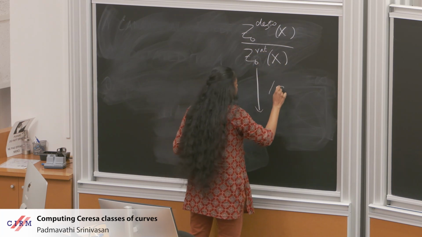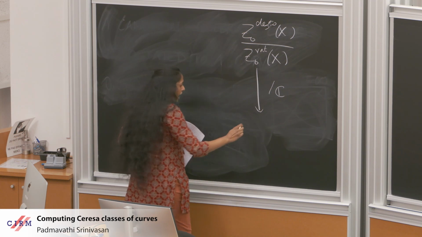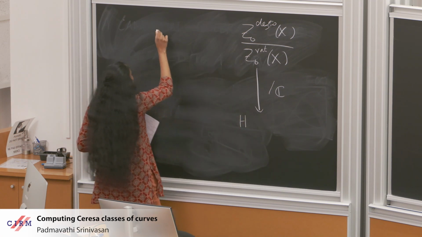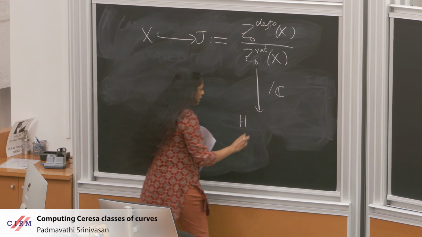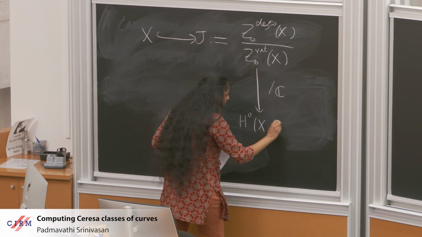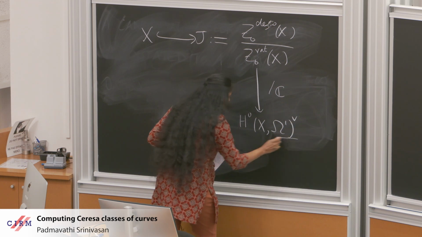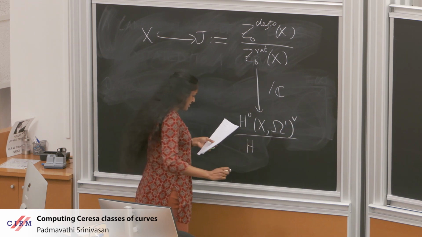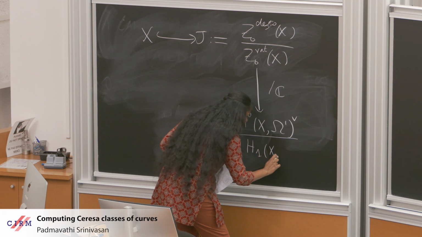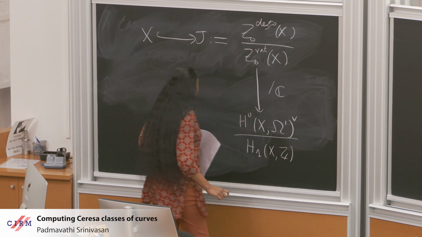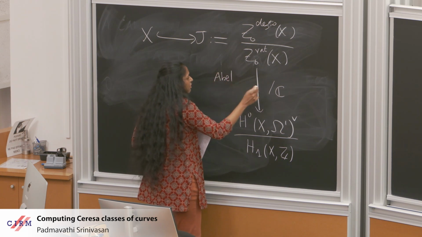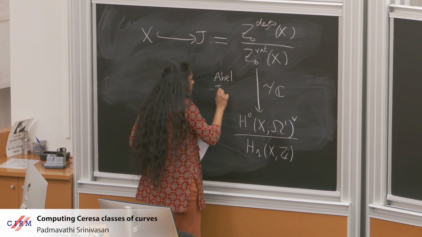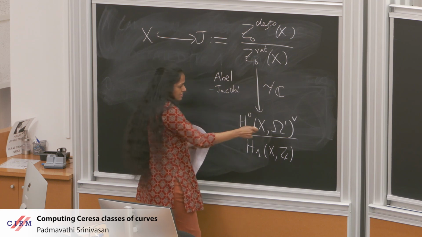Over C, you get functionals on the space of holomorphic differentials mod the period lattice, and the theorem of Abel and Jacobi is that this is an isomorphism. And this is a group we understand.